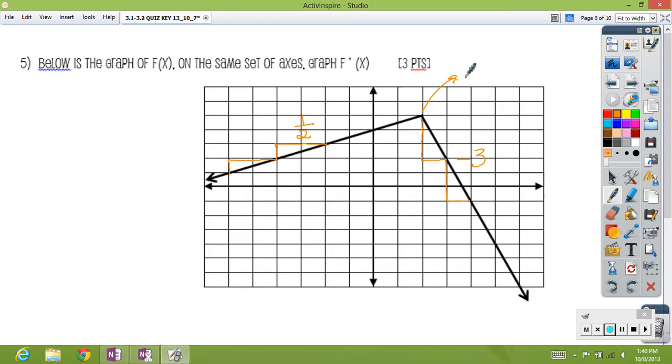I know right here that this is a corner, therefore the derivative can't exist there. So what does the derivative graph look like? Well, positive 1/2 would be about here, and then negative 3 would be about here. And that would be the graph of the slope.